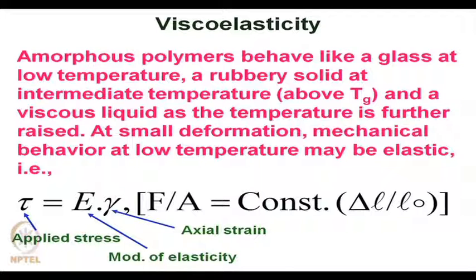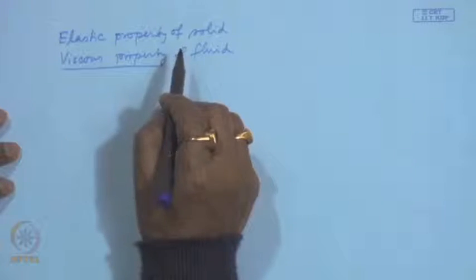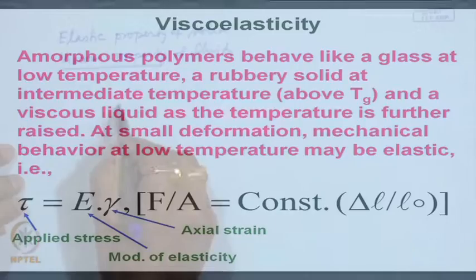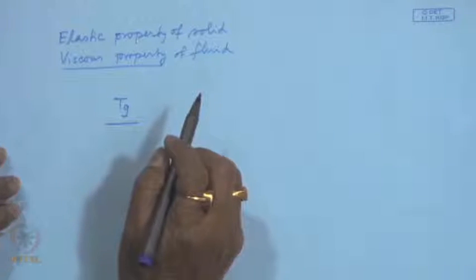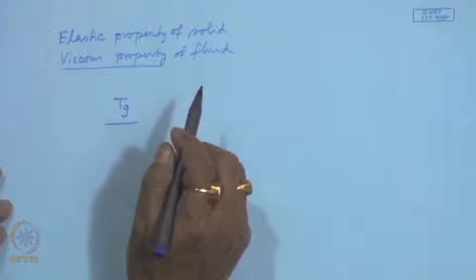Now, having the presence of elastic component and viscous component, we call that polymer amorphous. So, amorphous polymers behave like a glass at low temperature, means below certain temperature, say below glass transition temperature Tg, it is rigid glass like material, it can break like a glass.